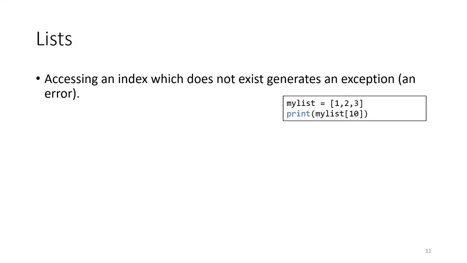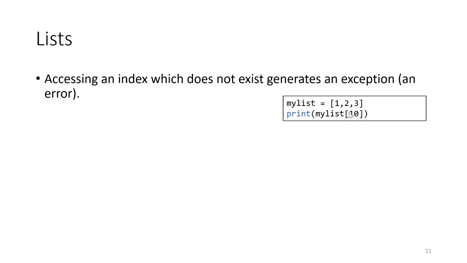As we saw, we can access the list elements by their indices, but the index that we are using must be correct. If we use indices that are not correct, we will receive an error. For example, the index that we specify here should not be beyond the length of the list minus 1.